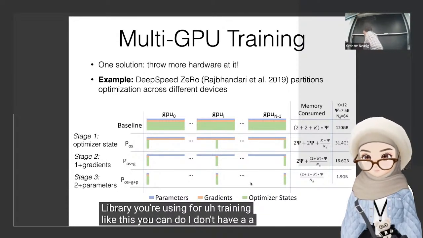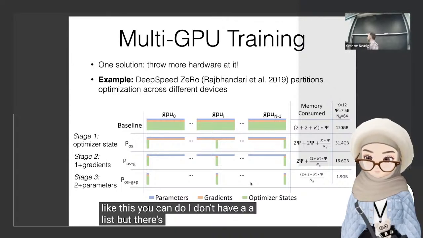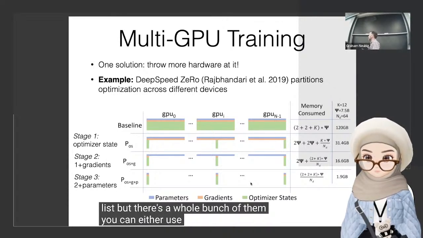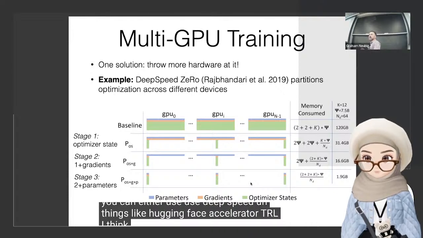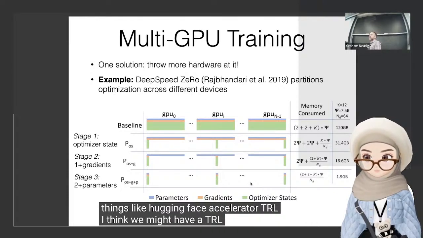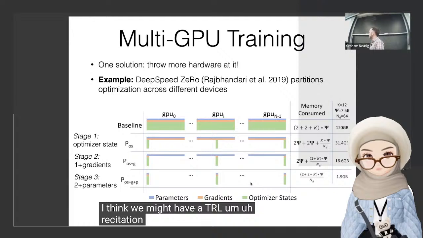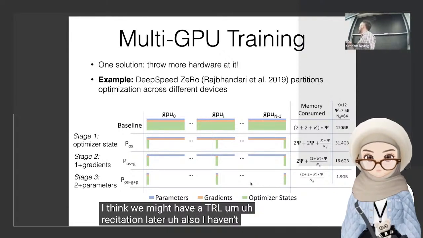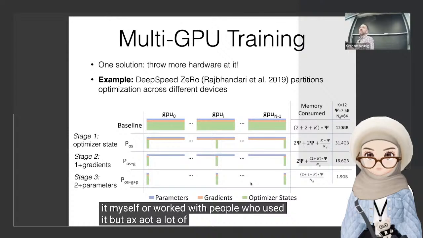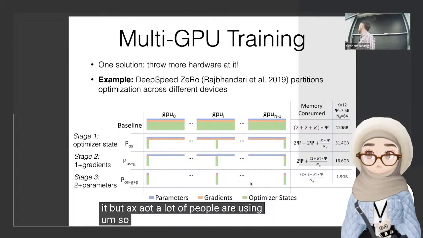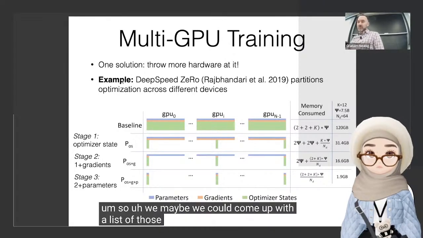I don't have a list, but there's a whole bunch of them. You can either use DeepSpeed, or things like HuggingFace Accelerate or TRL. I think we might have a TRL recitation later. Also, I haven't used it myself or worked with people who've used it, but a lot of people are using Axolotl. So maybe we could come up with a list of those later.